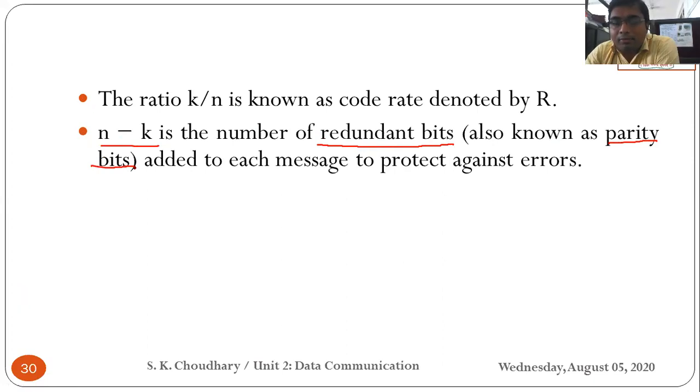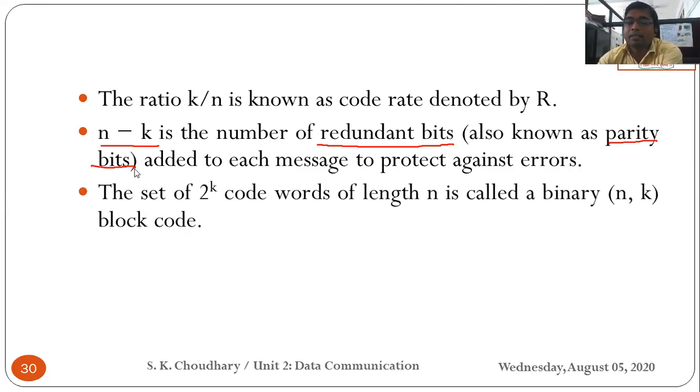In this way, n minus k redundant bits or parity bits are added to each k bit message to protect it against errors. Because when you pass this information through the channel, some error would be added. So to protect your original message from this kind of errors, we are required to add these n minus k redundant bits along with your original message.